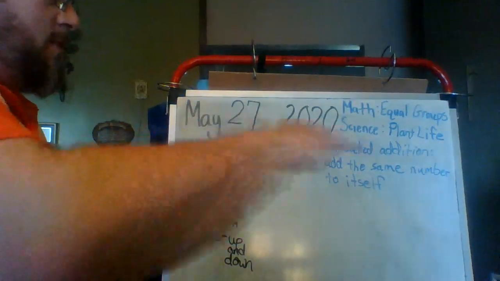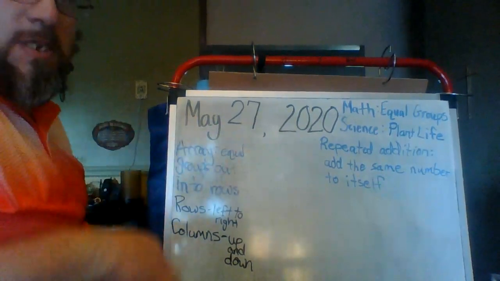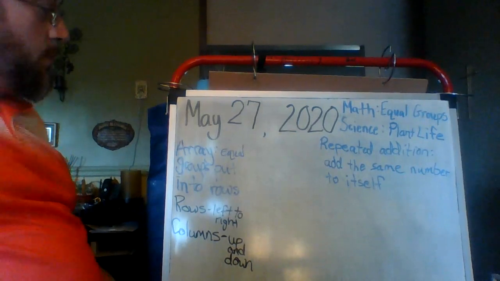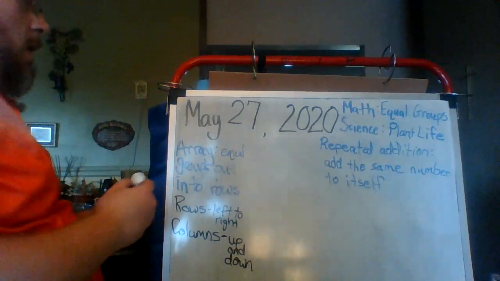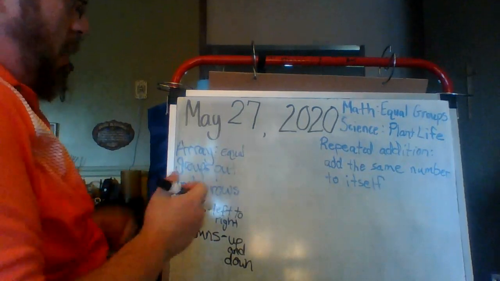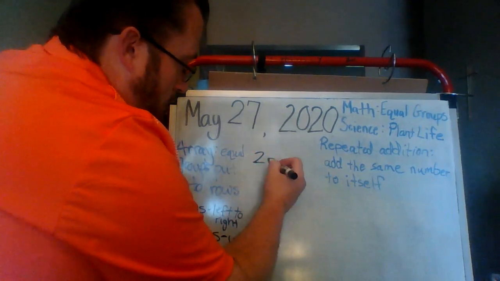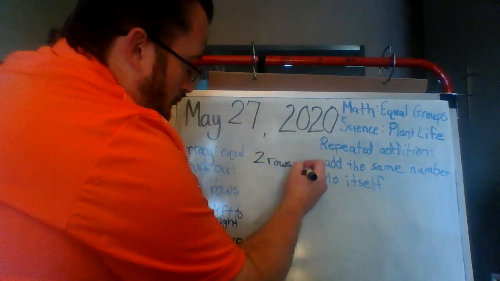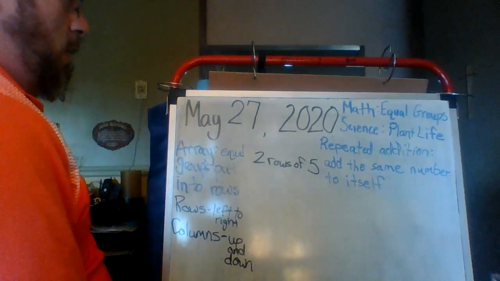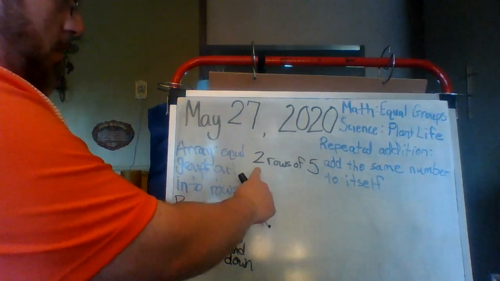Rows always go left to right, like the rows of seats in a classroom or the rows of seats in a theater. So let's say that they ask me to draw an array of 2 rows of 5. First of all, I remember that rows go left to right.